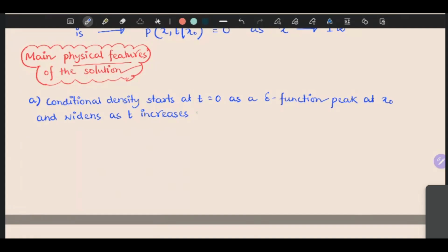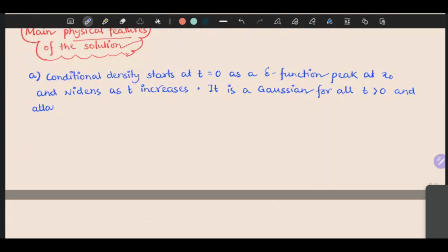So, and it is a Gaussian for all t greater than 0 and attains a limiting Gaussian form as t tends to infinity.